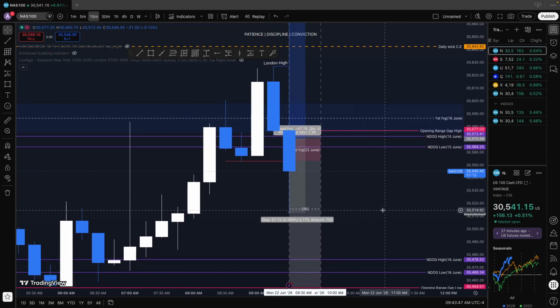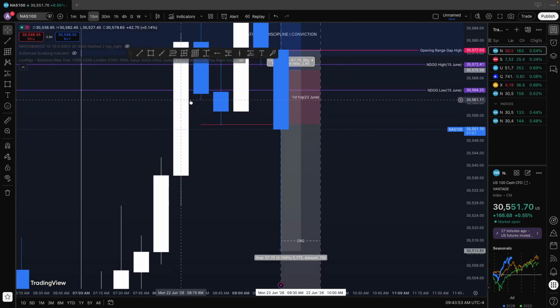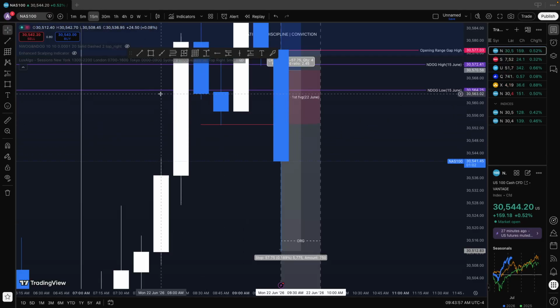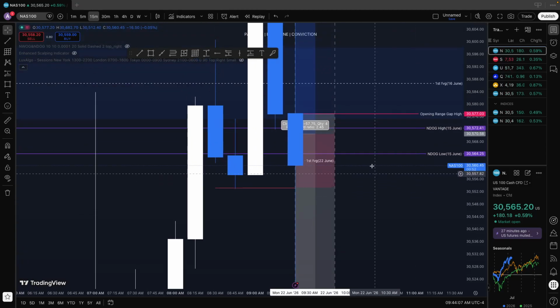So the wicks did the damage. Let's see how it closes here. We have a minute left. Let's see how it closes here. If it closes below this short, sorry, below this short. If it closes above, it's still valid.